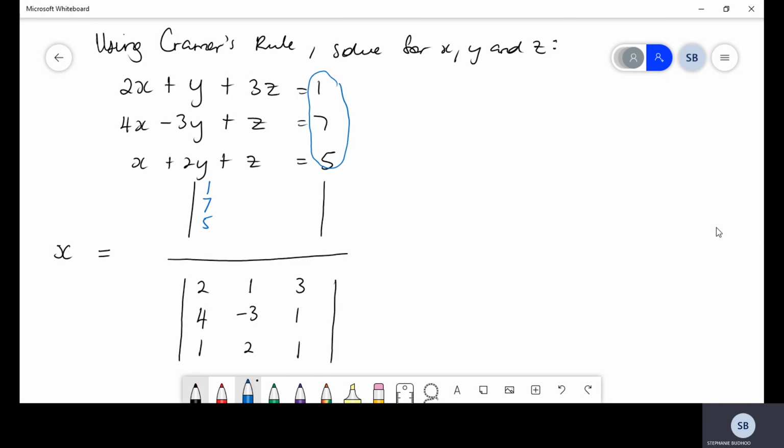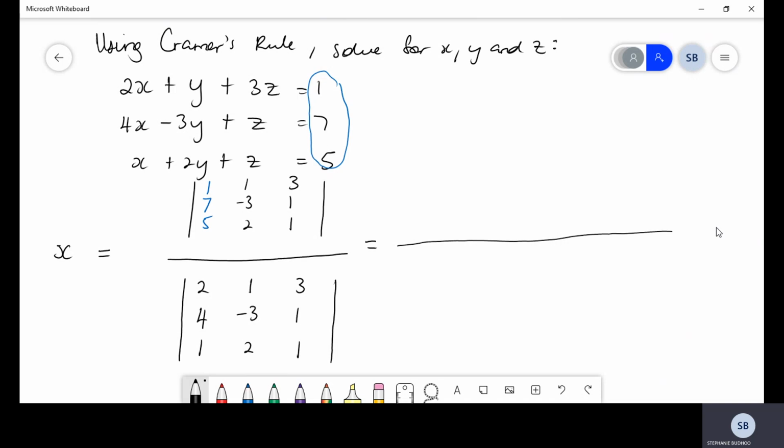Okay, and then we can continue writing the rest of our rows and columns using the existing values of our matrix. So all we have to do on the numerator is simply find the determinant of a 3 by 3 matrix. If you cannot remember how to find the determinant of a 3 by 3 matrix, please check my previous videos where it clearly details how to find that.